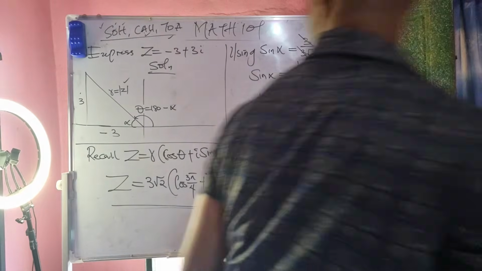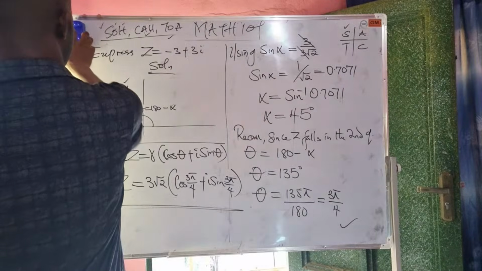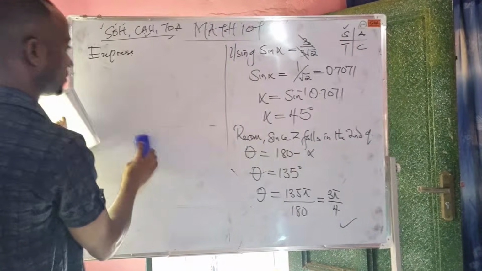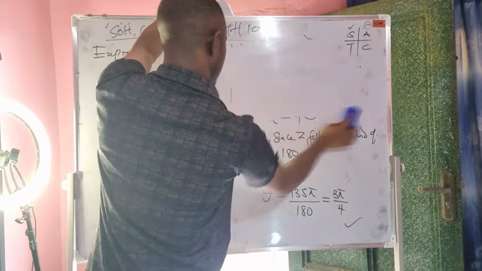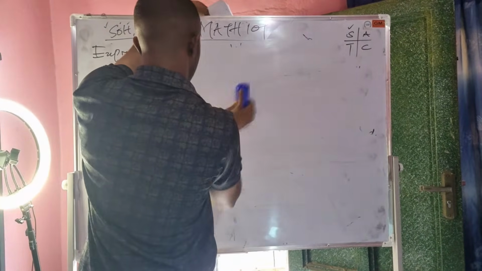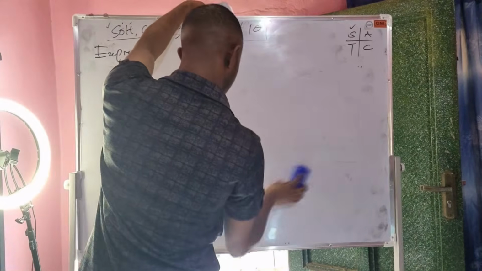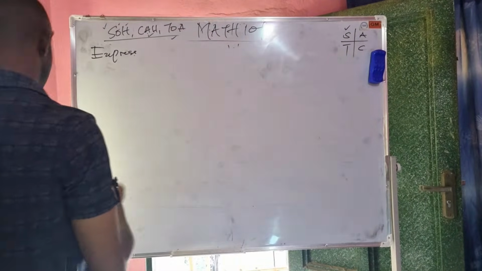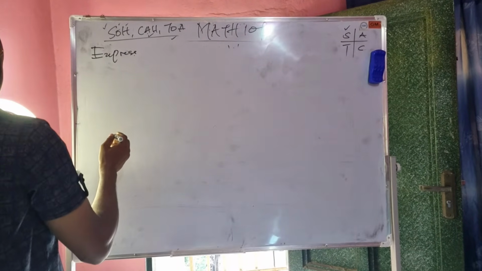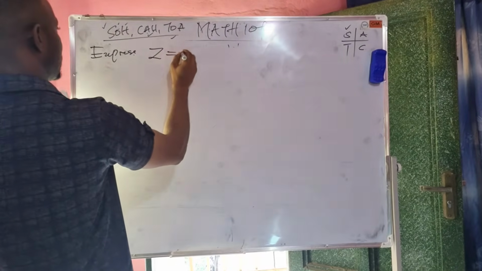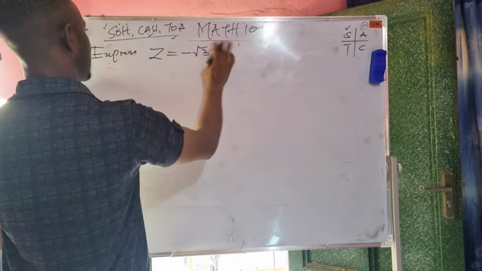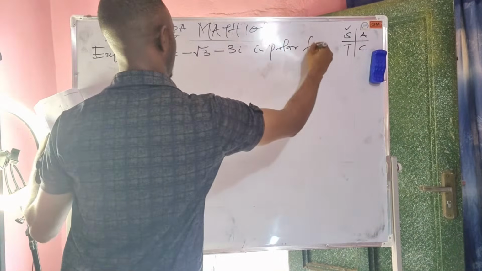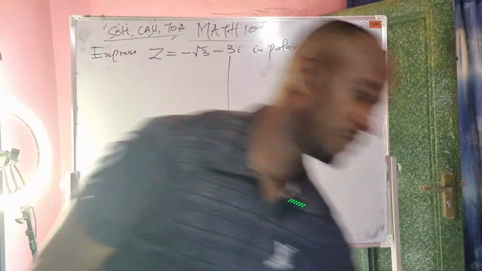We are given z equals minus root 3 minus 3i, and we are asked to express this in polar form.